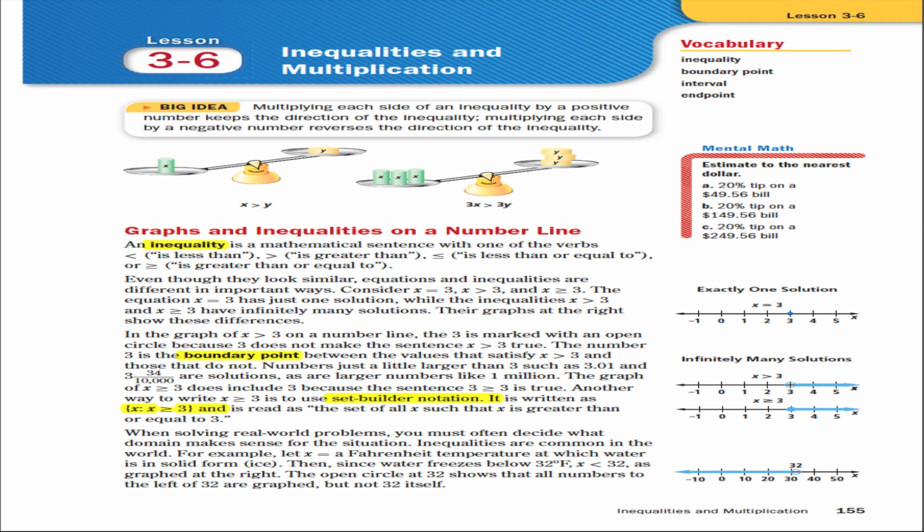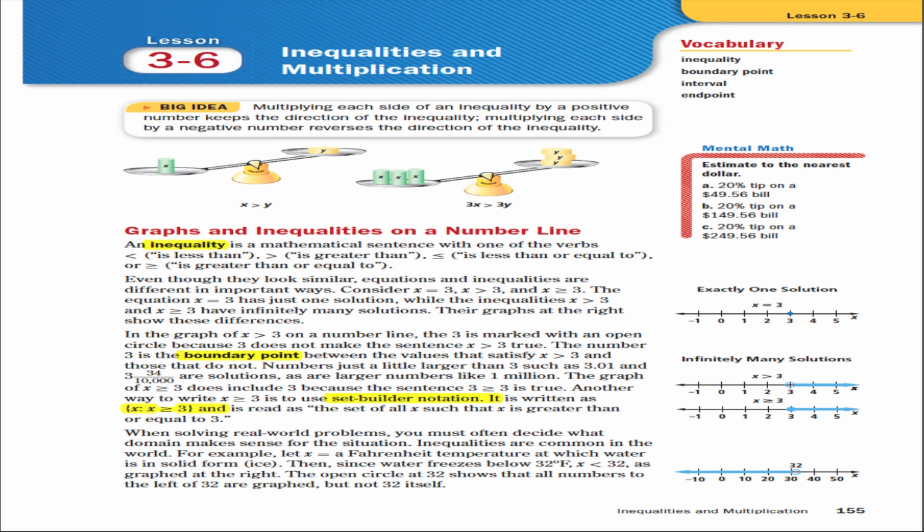When we look through this type of work, graphs of inequalities on a number line, you can see on the right side of the page where it says there's exactly one solution. Well, that's an equals thing. When x equals 3, it's that closed dot, filled in right at 3 on the number line. When we have an inequality, we have an infinite number of solutions, because anything that makes it true is a possibility. So in the first case, where x is greater than 3, at 3 there's an open circle.